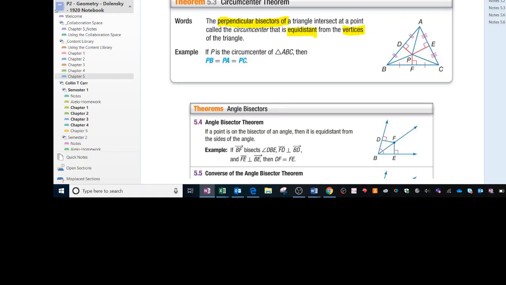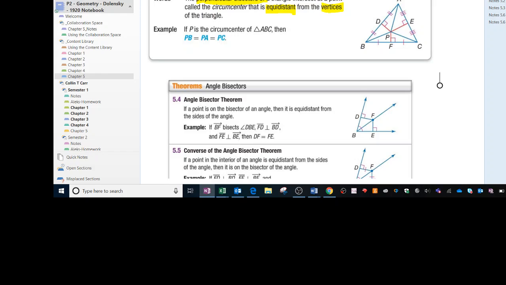Just for knowledge purposes, if I said, given a triangle, I wanted you to draw a circle around the triangle so that it touches all the vertices, this is how you do it.